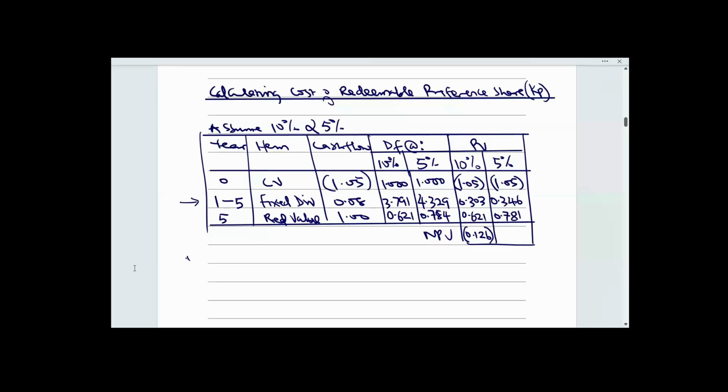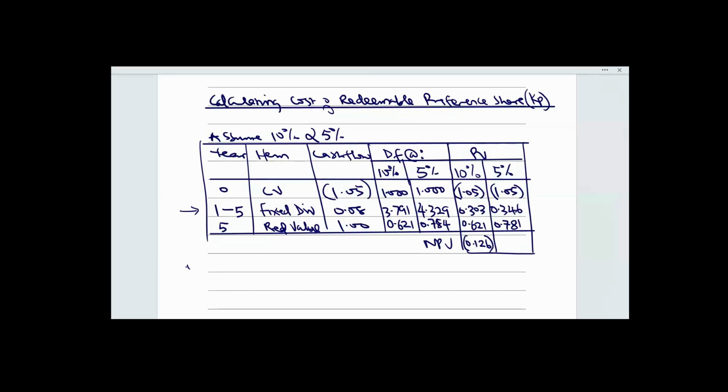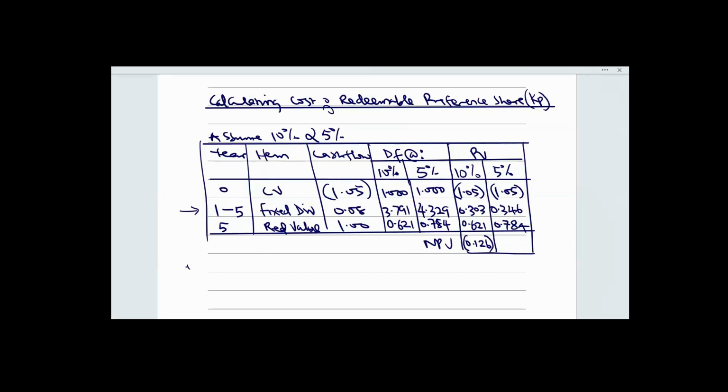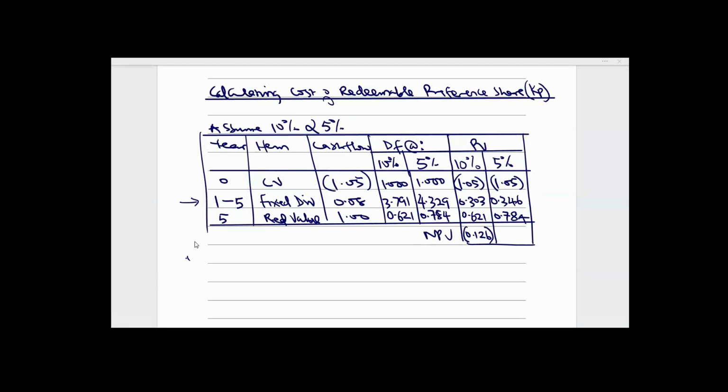So to now get the NPV, we need to add the positive present values. So here will be 0.784 plus 0.346 minus 1.05 equals 0.08.